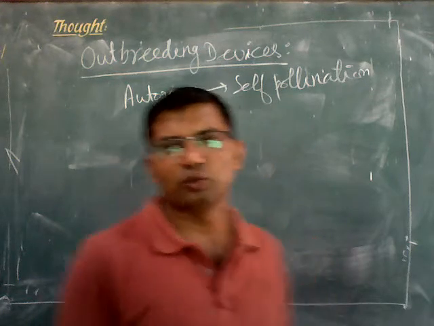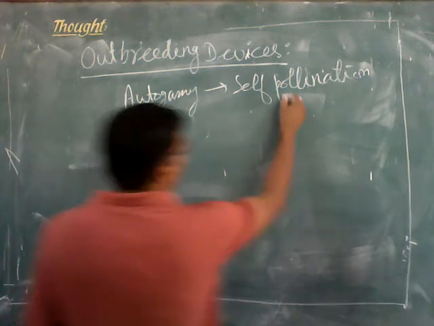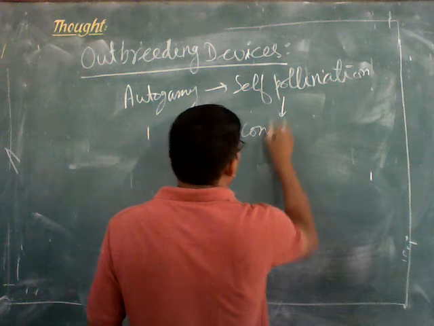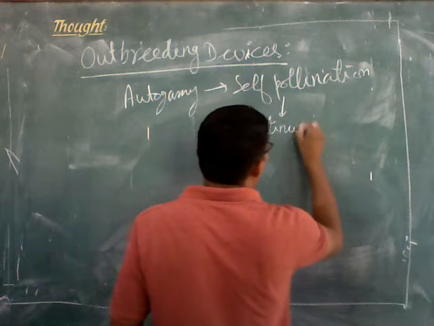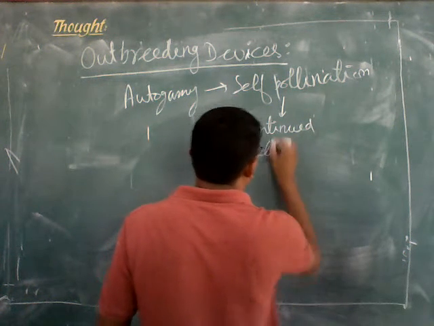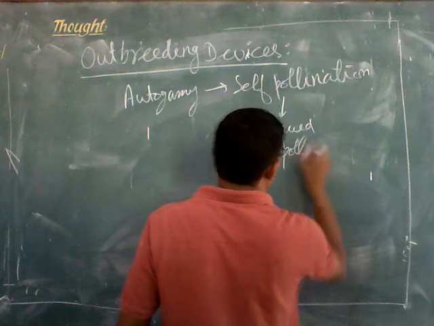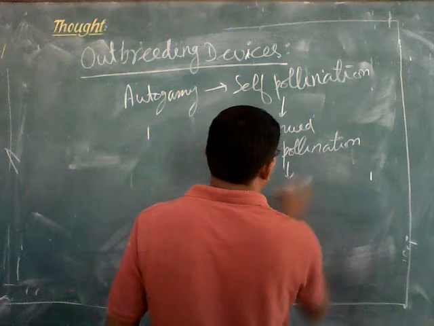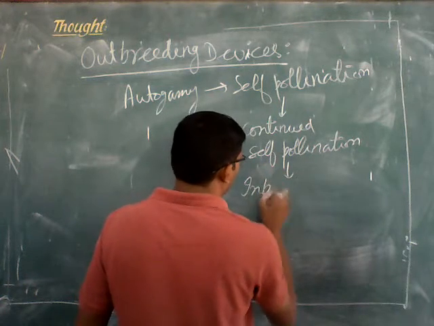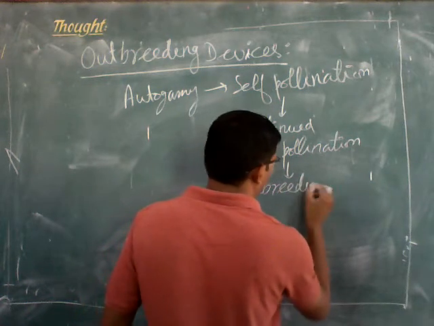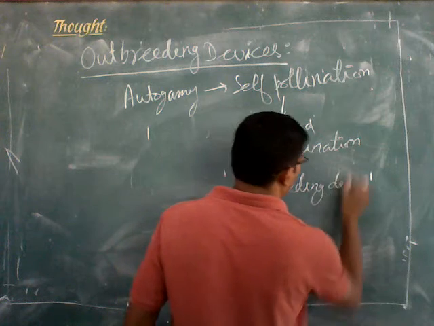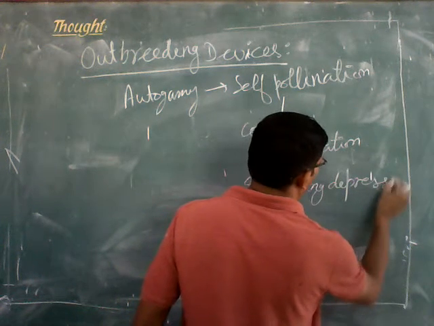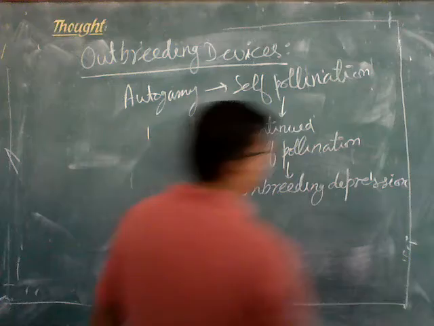Okay. So what will happen if there is a continued self-pollination? It will lead to inbreeding depression. Right?